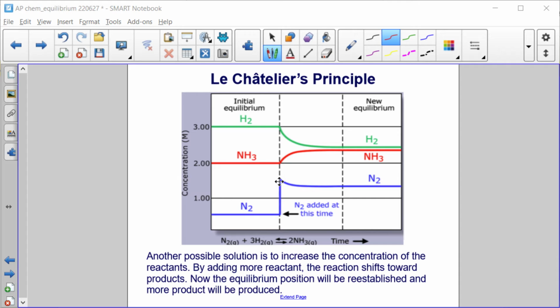Reaction shifts towards the product. So look what happens. We consume some of that N2. We consume some H2, but we also increase the production of our NH3. And then eventually a new equilibrium is reestablished, and we can see that more product will be produced.